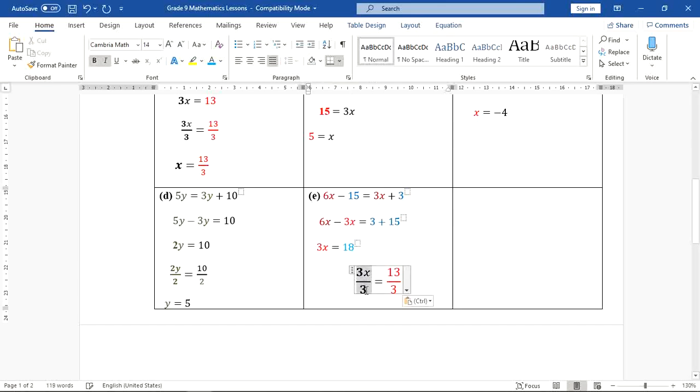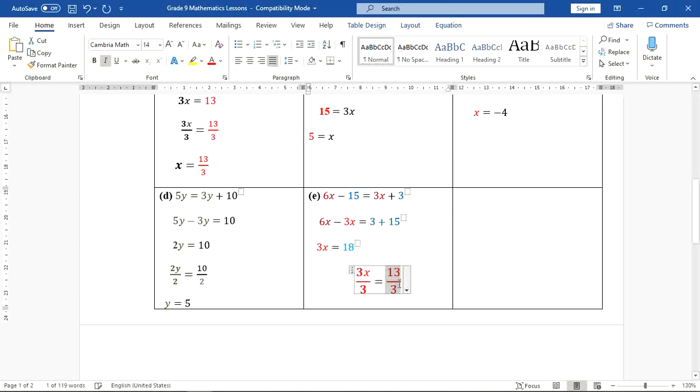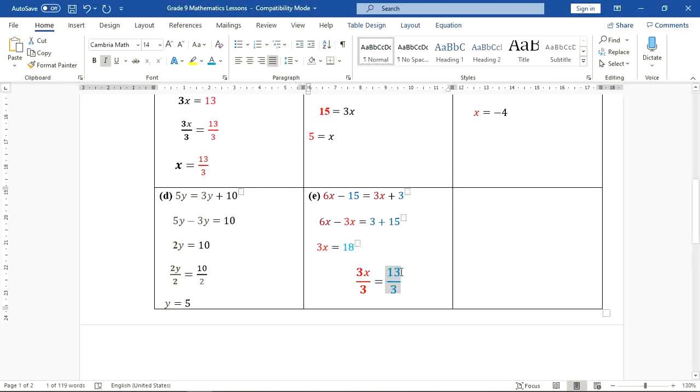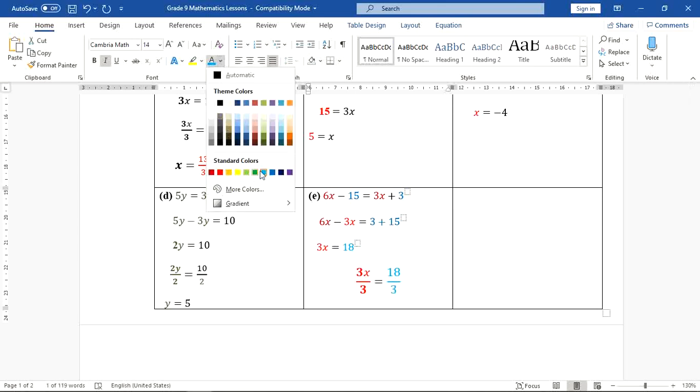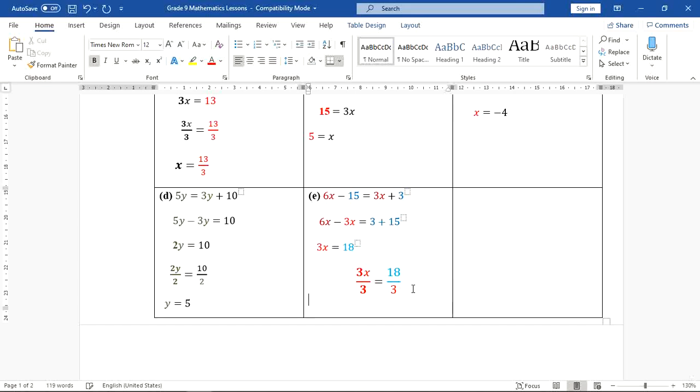Okay, 18 divided by 3, that should give us 6. Okay, so the final answer is going to be x must be 6.